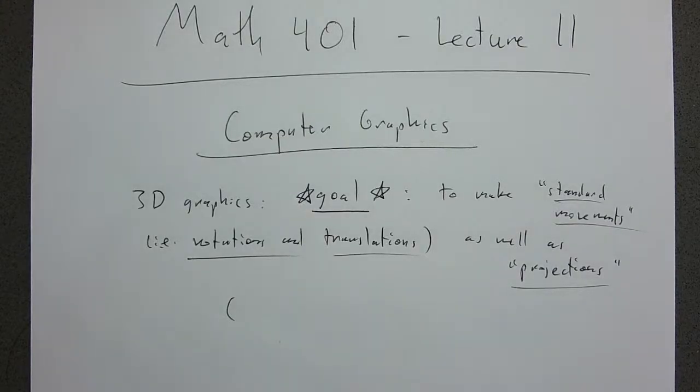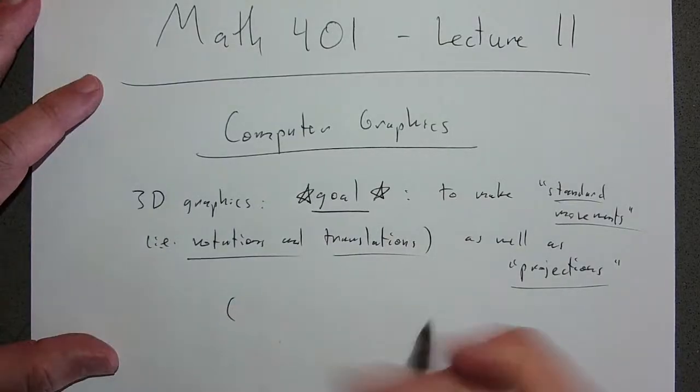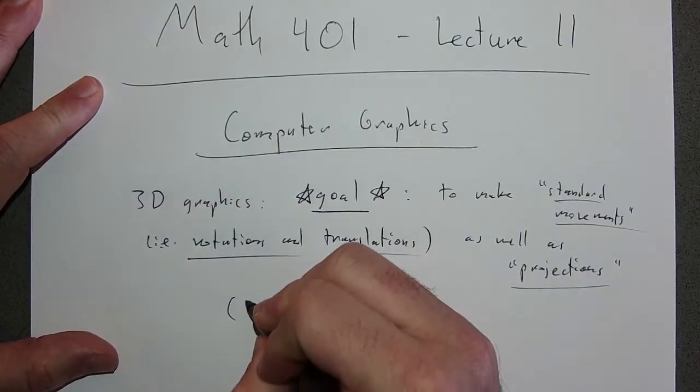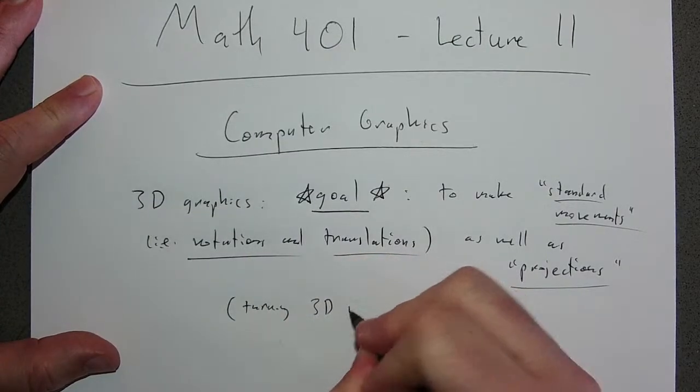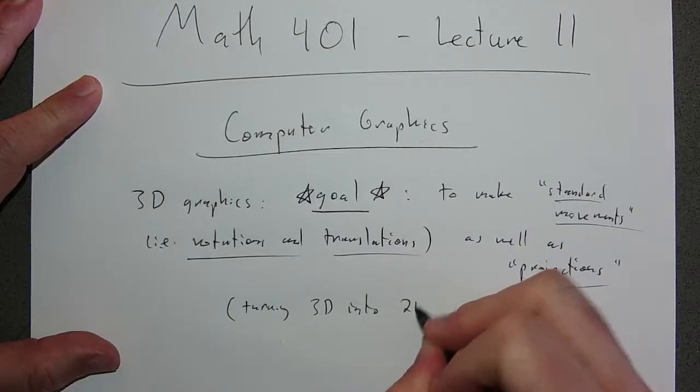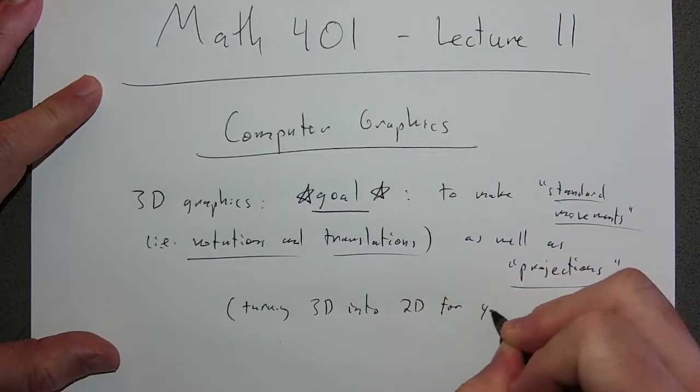You're looking at a flat screen. This is a two-dimensional representation of your 3D graphics, and so this is going to be turning 3D into 2D for your screen.